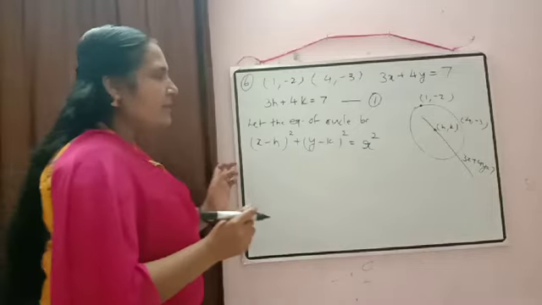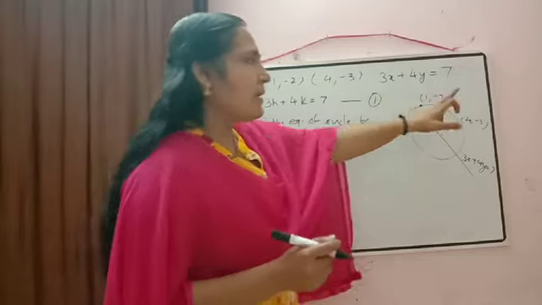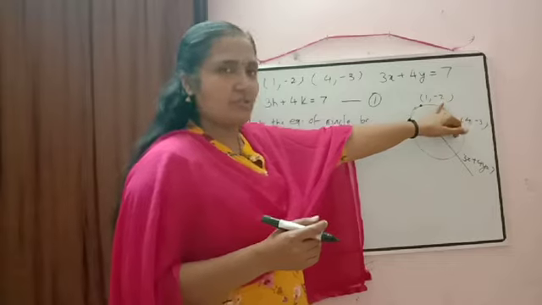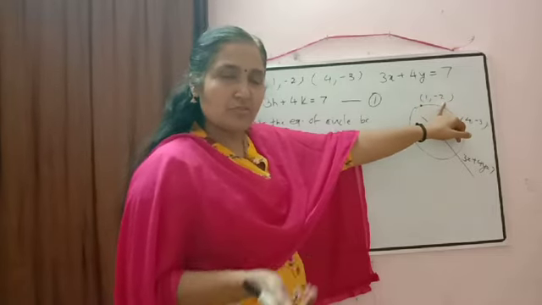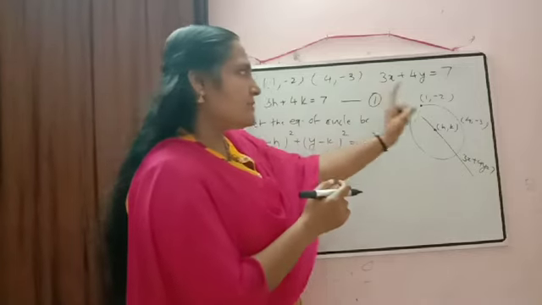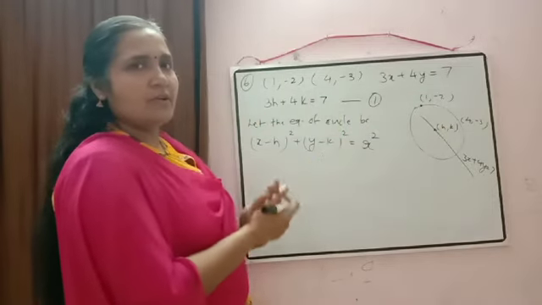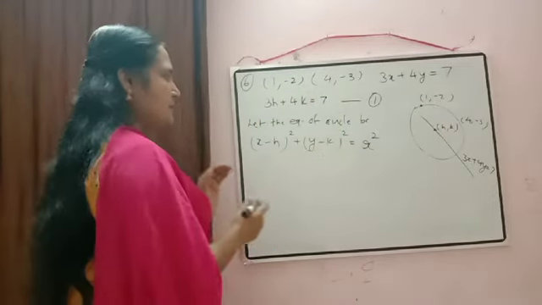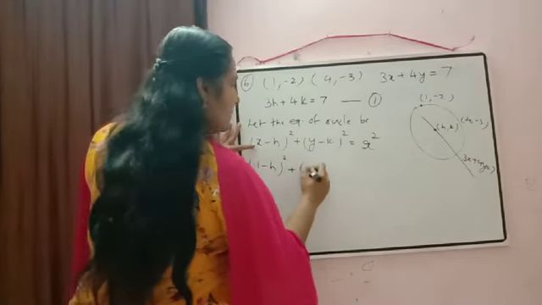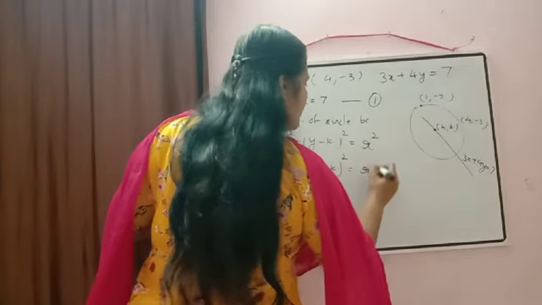Now, the circle passes through the point 1 comma minus 2, so that point will satisfy the equation of the circle. In place of x we substitute 1 and in place of y we substitute minus 2. So what will come here? (1 minus h) the whole square plus (minus 2 minus k) the whole square is equal to r square.